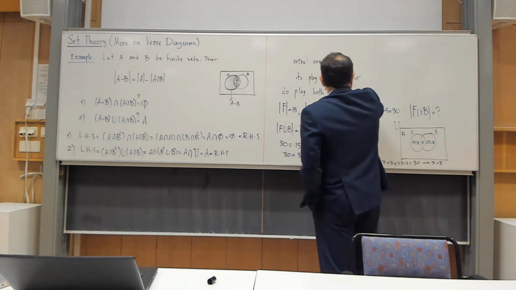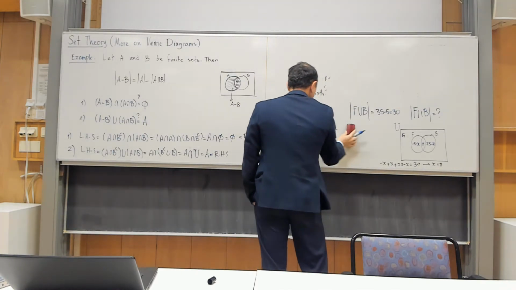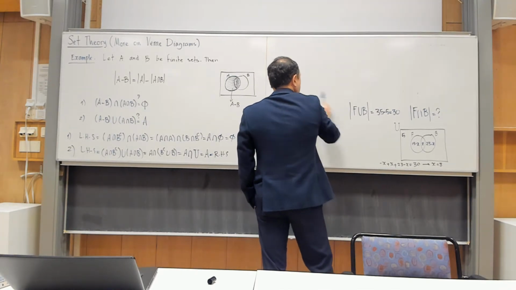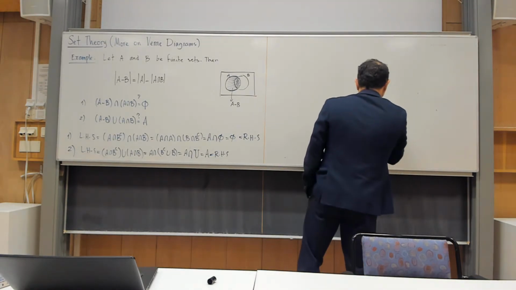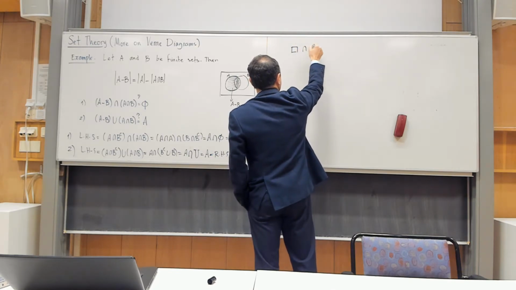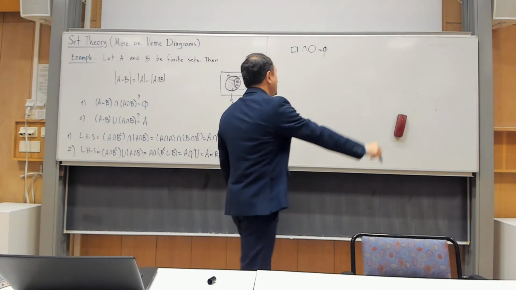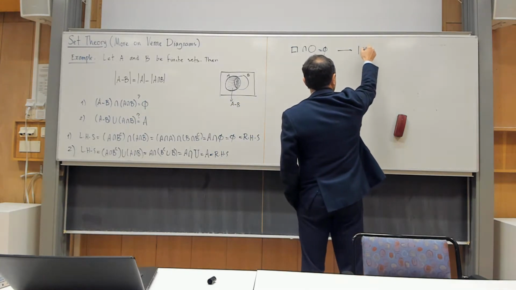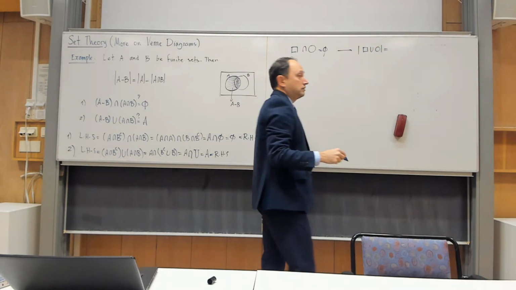Now I ask you one question that I want you to answer me. Let me try to tell this. If I give you a box, whatever a set is, intersection with whatever inside, and I guarantee that the intersection is empty, and if I ask you about the cardinality of the union of these two sets, what would be your answer?